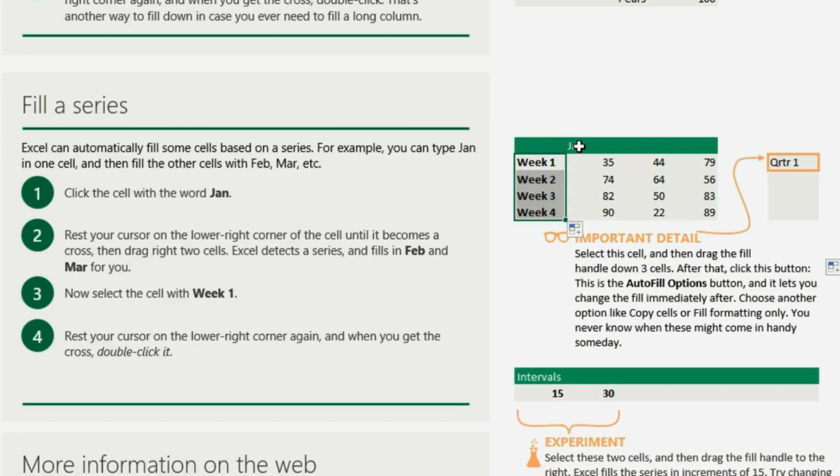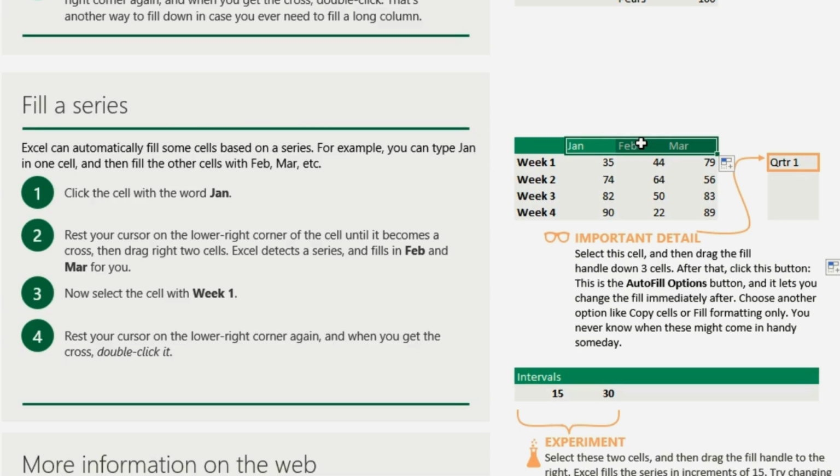And same thing with January up top here. If I drag this across, it will assume I want the next cells filled as a monthly series, so it will populate February and March for the next cells.